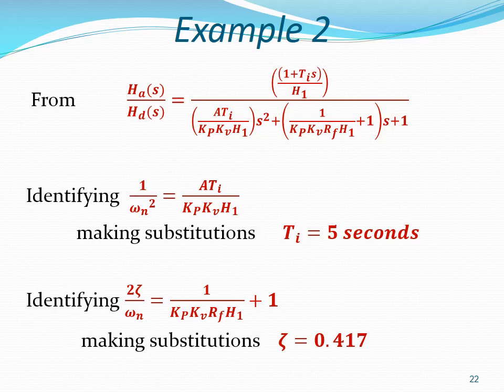Also, we identify that 2 zeta over omega n equals 1 over Kp Kv Rf H1 plus 1. We make substitutions for known quantities and obtain the damping ratio as being equal to 0.417.